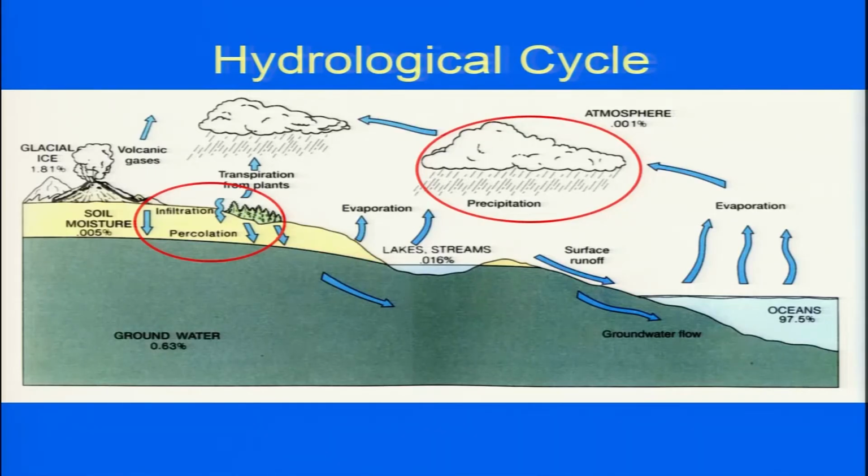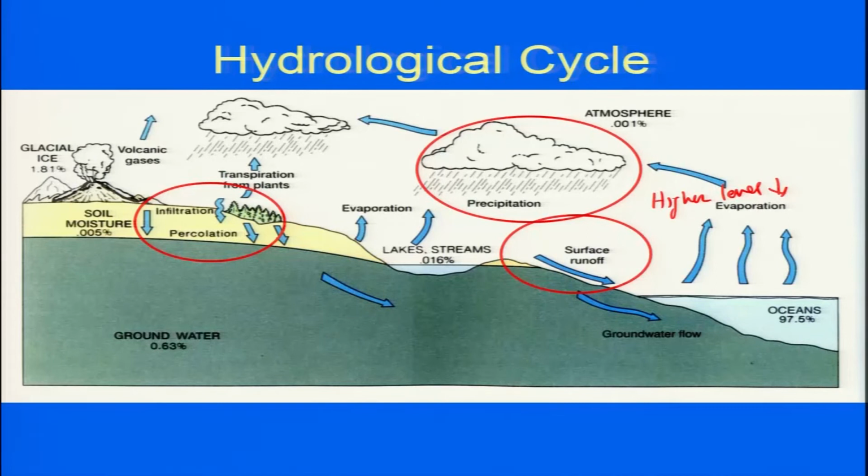And this infiltration is going to affect your surface runoff. So, if you have less surface runoff, then chances of having the higher level of water in the stream will be reduced.